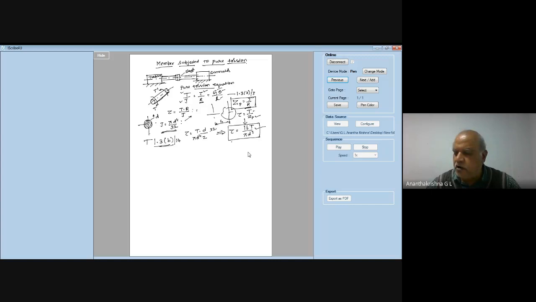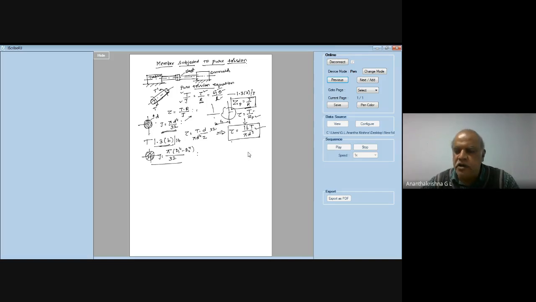And similarly for a hollow circular cross section, the polar moment of inertia is pi times d1 to the power 4 minus d2 to the power 4, divided by 32. So from there I can get the value of Zp whenever it is required. So these are the equations that you need to use for a member subjected to torsion.